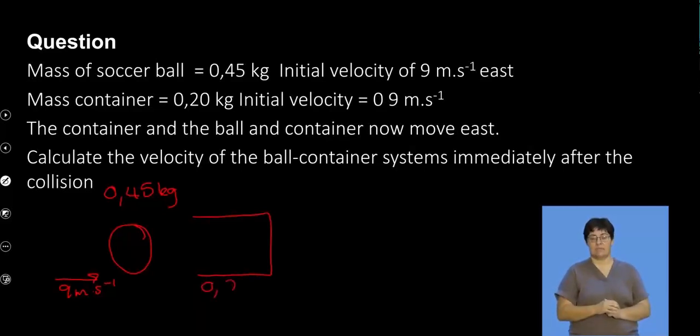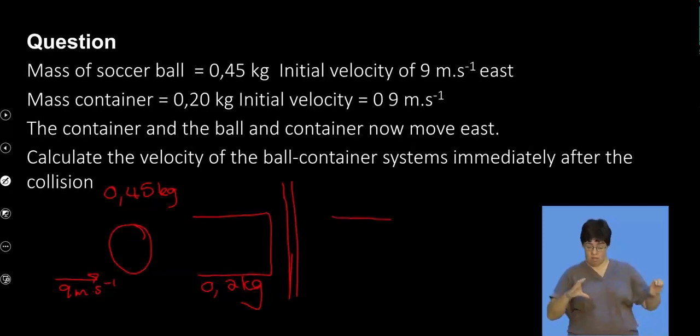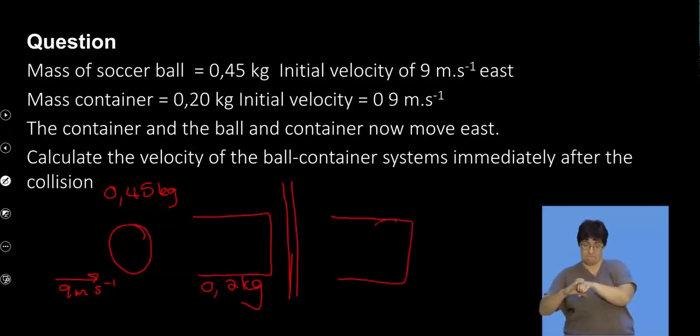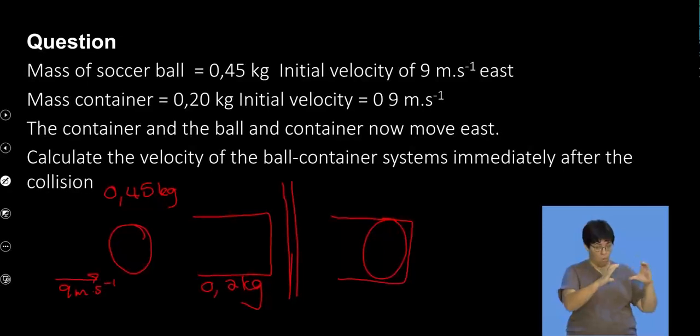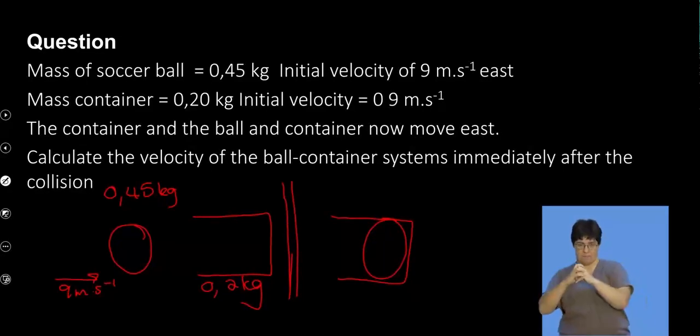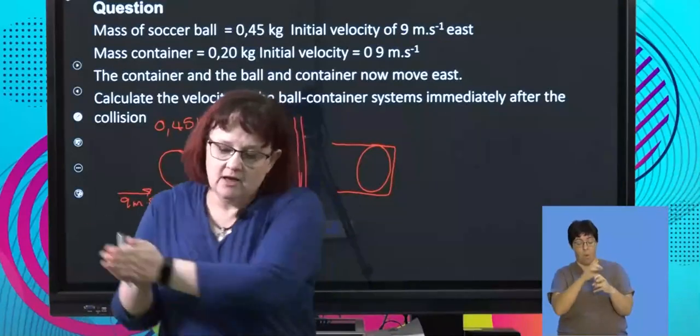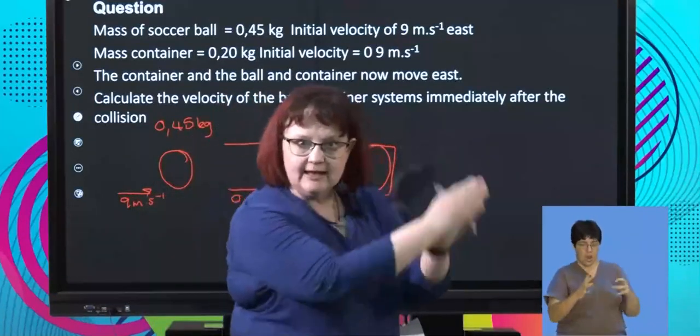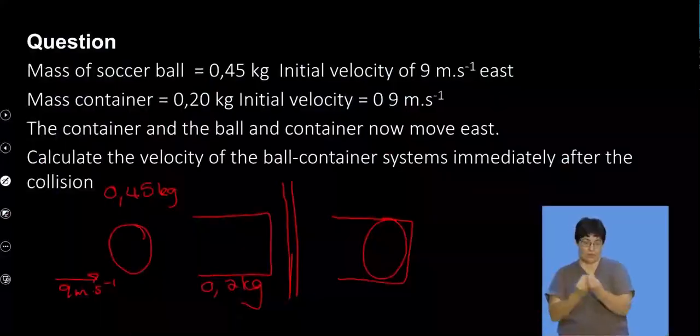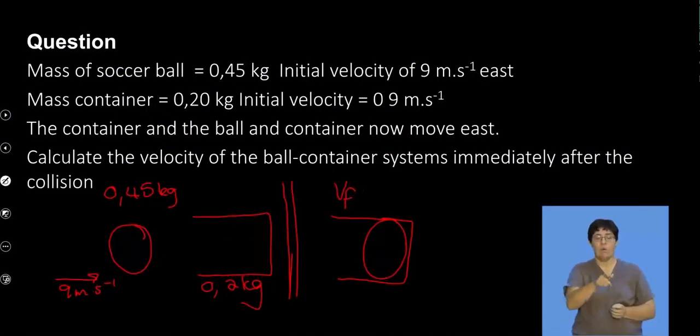That's 0.2 kilograms. It's stationary. When the ball goes in, the container and the ball become one object. So the ball goes in the container, and because the ball was moving, the container and the ball moved together. They want to know what is that final velocity.